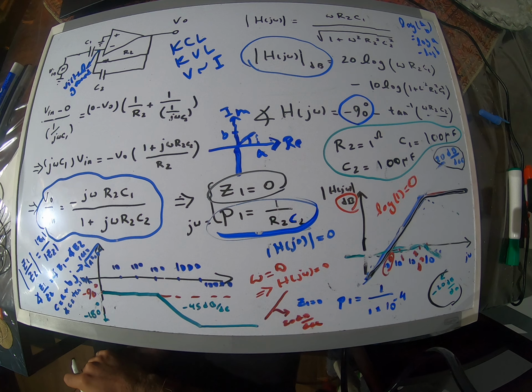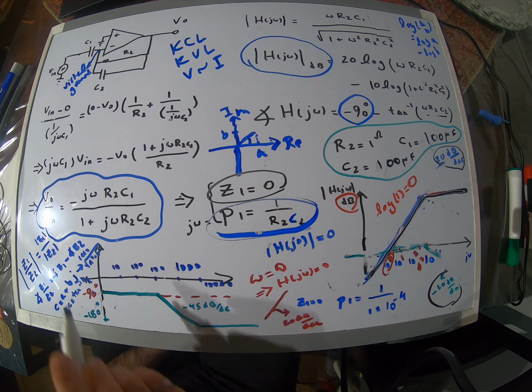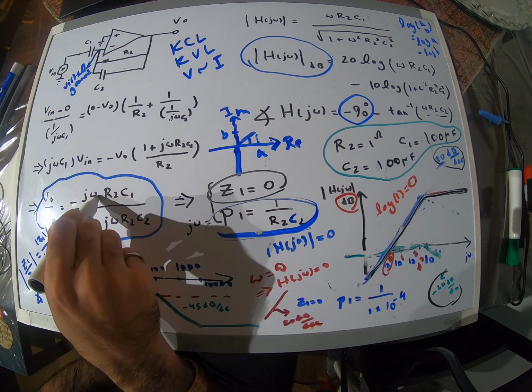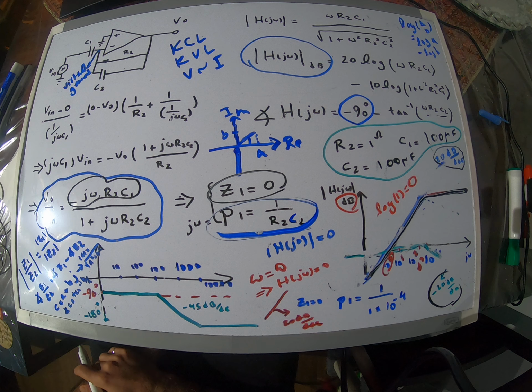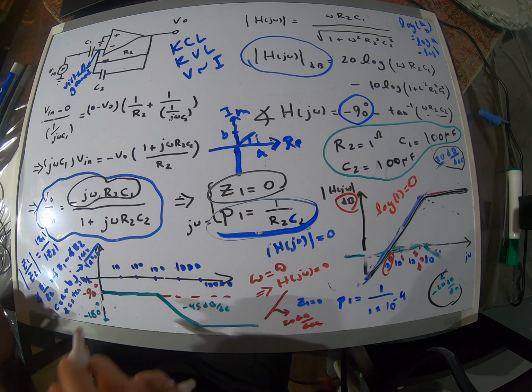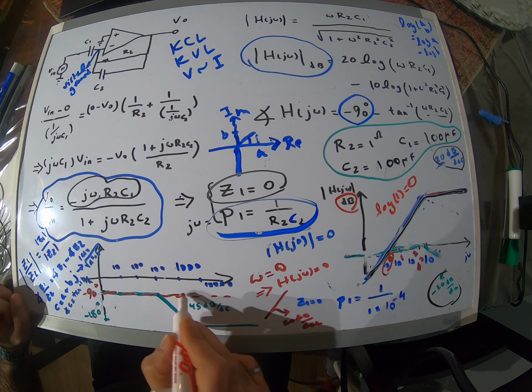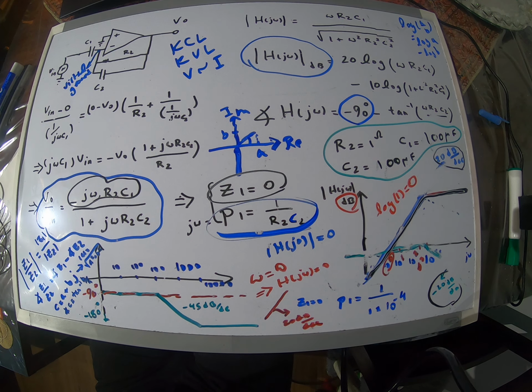When you have a pole or 0 at j omega equal to 0, the impact on the phase is just going to be constant, right? What is the phase of negative j omega? It's going to be negative 90, right? So this is going to be the impact of our 0 on the phase.